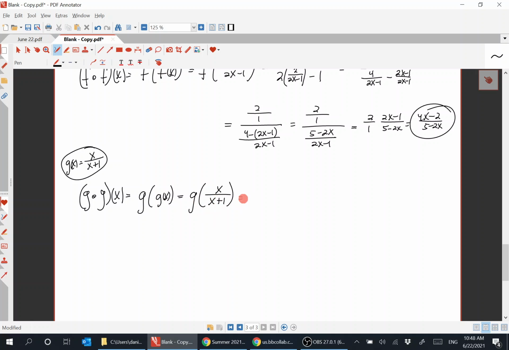So g of this, well, again, it's blank over blank plus 1. What goes in the blank is this expression. Every instance of x gets replaced with whatever was in that expression there, the argument of g, it's called. Like that.